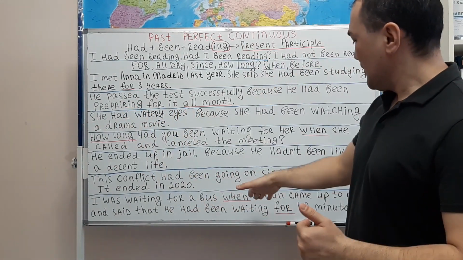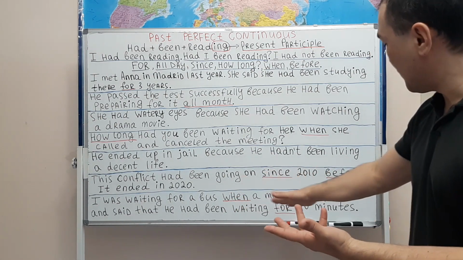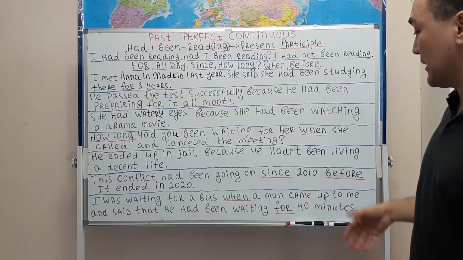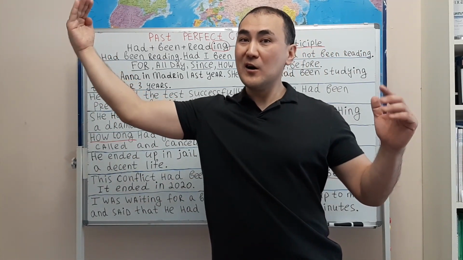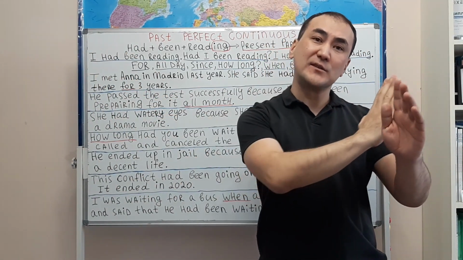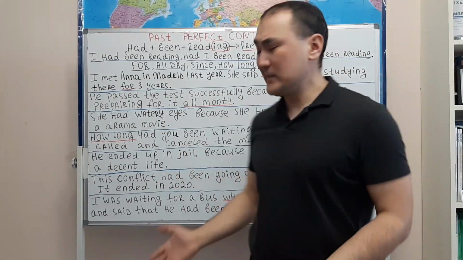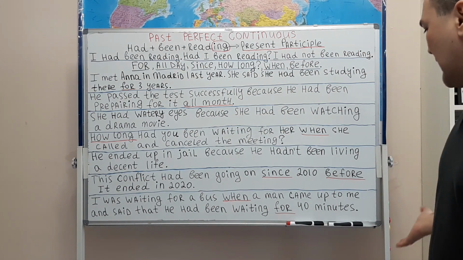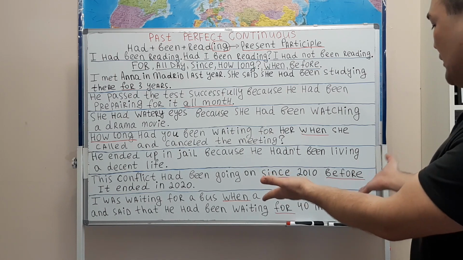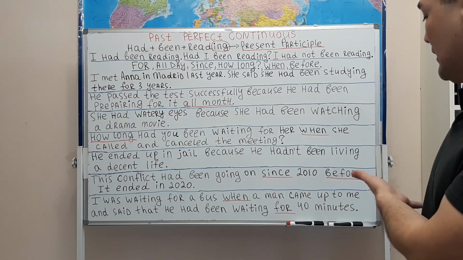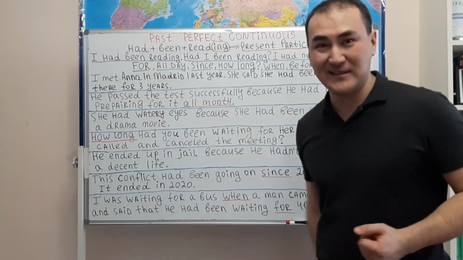Here we only see the duration of time: how long? For 40 minutes he had been waiting. So it means that he started waiting 40 minutes ago, and he continued waiting, and we don't know when it finished. He just kept waiting. We don't know when finally the bus came and they got on the bus.